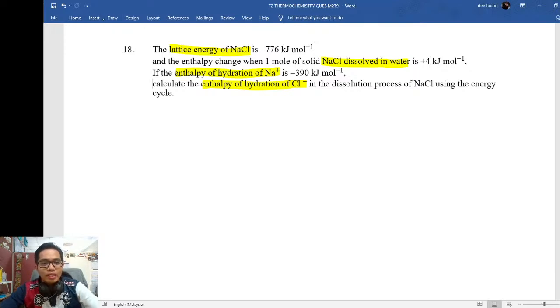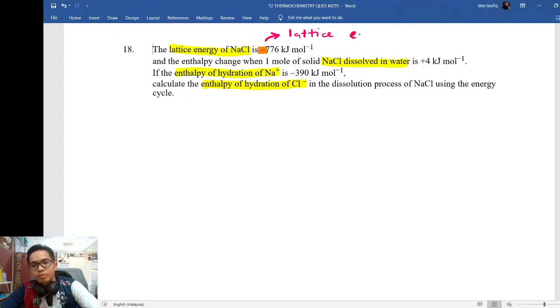So let's start with the lattice energy of NaCl. Right. So untuk lattice energy NaCl, if they give you negative sign, saya fokus pada negative sign di sini. Itu bermaksud that means the equation is lattice energy formation.